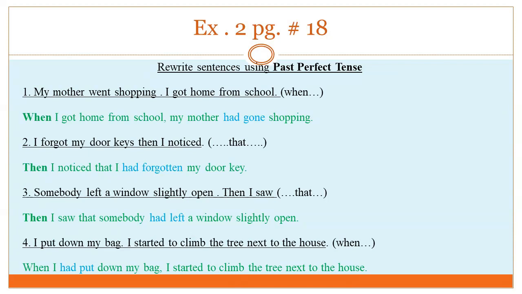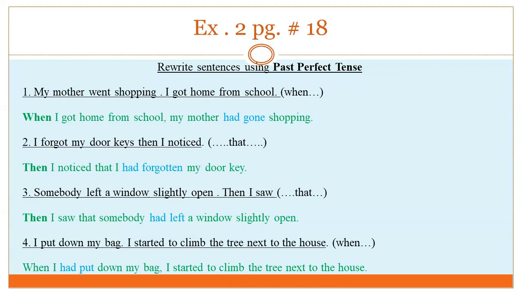It means these two sentences would be joined with the conjunction that. We will put half portion of this sentence before that and half portion after that. Look at the solved sentence. Then I noticed that I had forgotten my door keys. So you can see the conjunction that is inserted between then I noticed and I had forgotten.